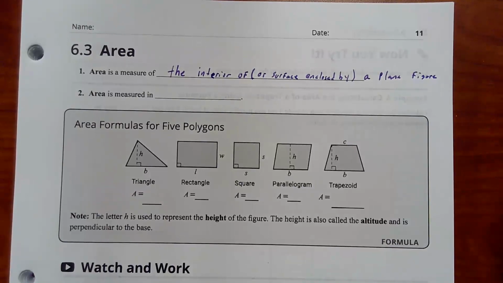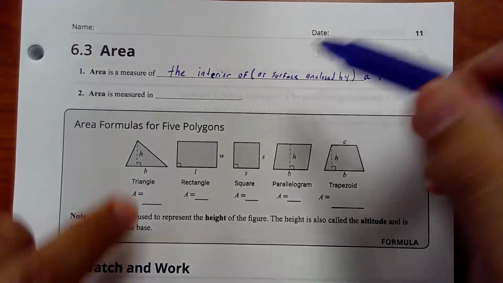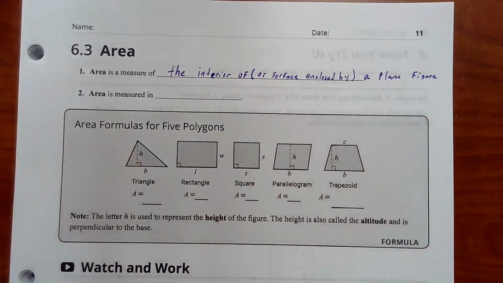All right. Yeah, it's supposed to be an E. So the area is the interior or surface enclosed by a plane figure. It is a measure of the interior of a plane figure.